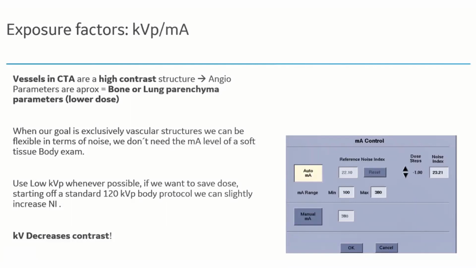The system will evaluate the patient from the scouts and what you said regarding the noise index, then modulate between 100 and 308 to reach this 23.21 noise index. So every time you increase the noise, the system tries to modulate toward a minimum mA. Set it as a range.